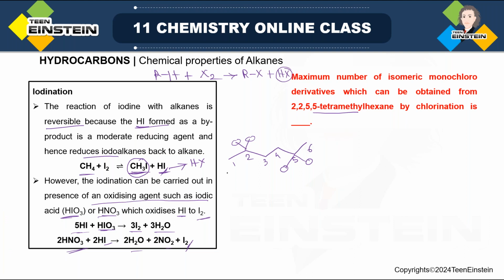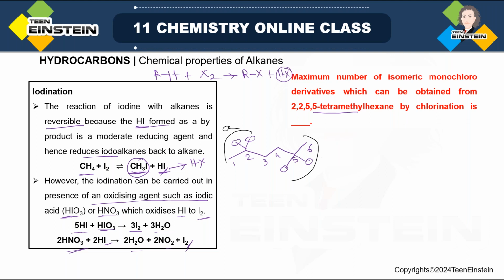Now look at this molecule as a whole. Forget about the numbering. These 3 methyl groups, each having 3 hydrogens, and these 3 methyl groups, each having 3 hydrogens. Total 9 hydrogens on each side, all are 1 degree, and they are equivalent. So any of these C-H bonds you break, basically it means the same thing.